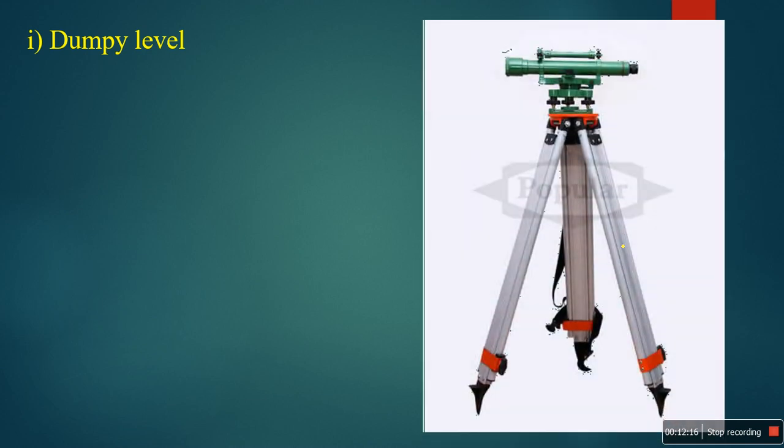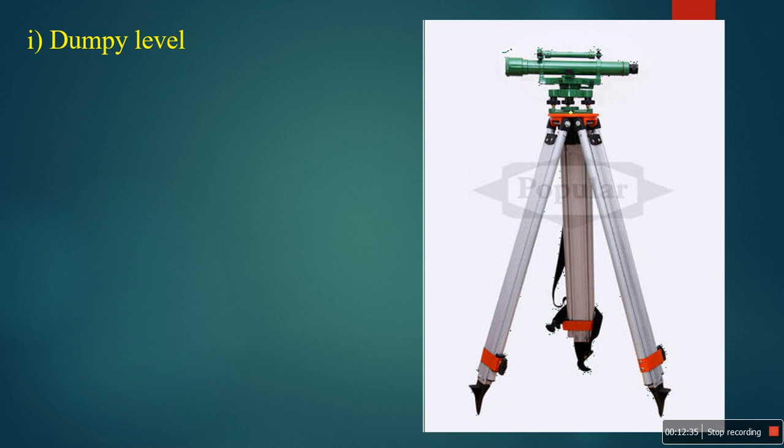This is the typical diagram of the dumpy level instrument. This is our dumpy level. This is the stand for attaching this instrument. It has three legs, so it is called a tripod.